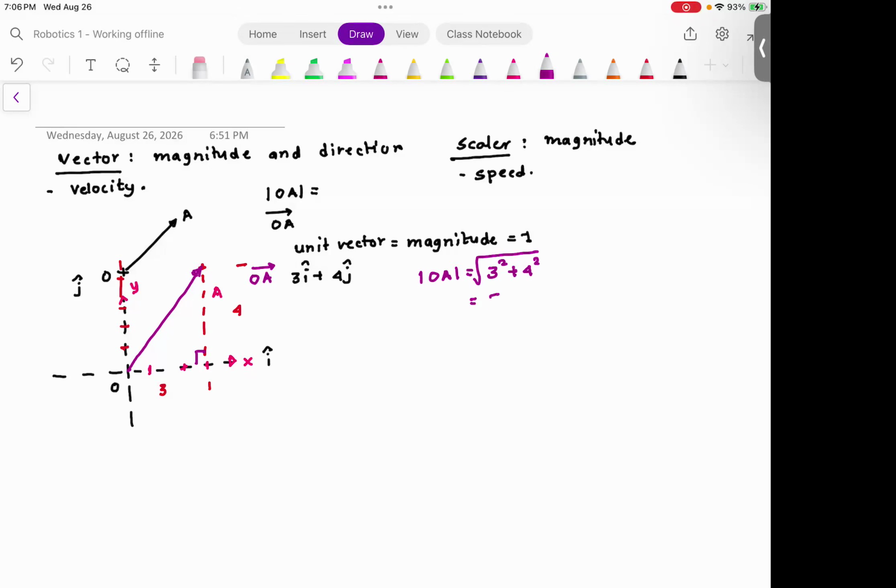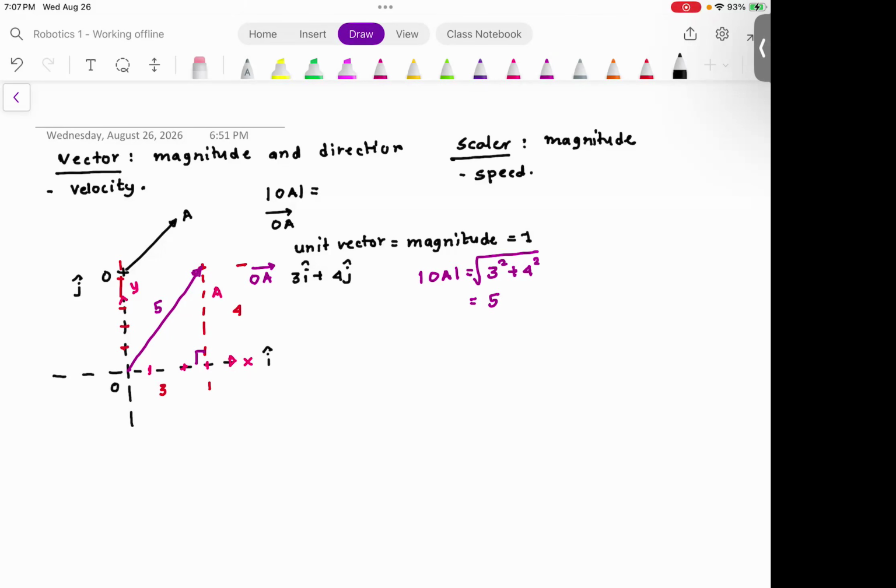So this is going to be 5, because this is a right angle triangle, it's the Pythagorean theorem. You agree with me? I can also resolve this OA onto the x-axis and I can resolve OA onto the y-axis.